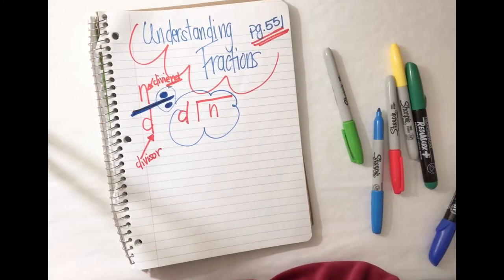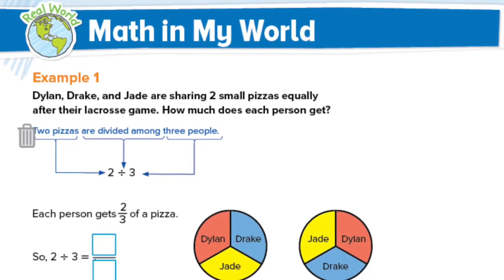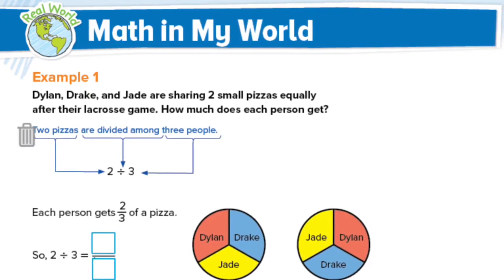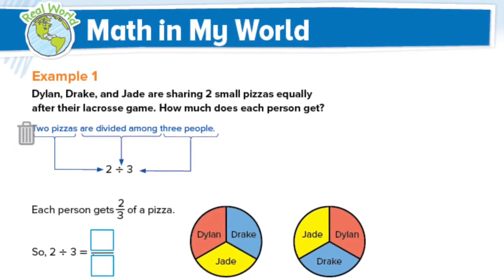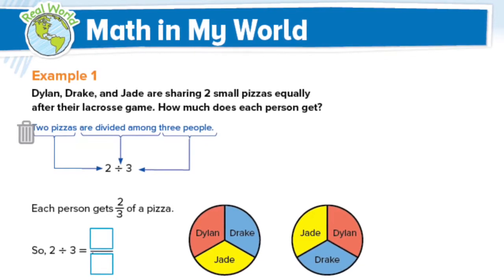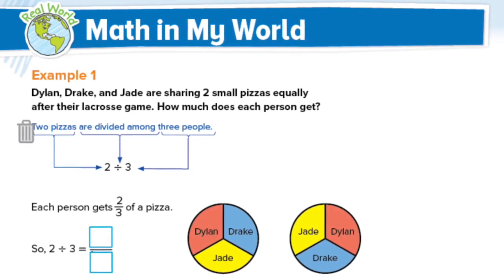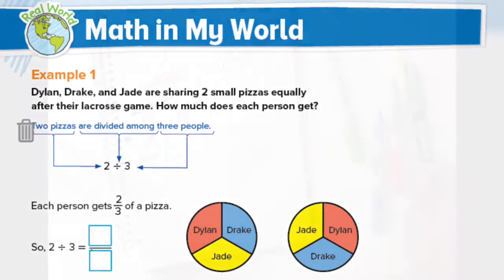So let's read example number 1 on page 551 in volume 2 of your My Math book. It says, Dylan, Drake, and Jade are sharing 2 small pizzas equally after their lacrosse game. How much does each person get?